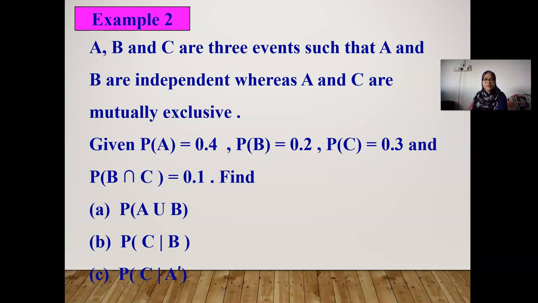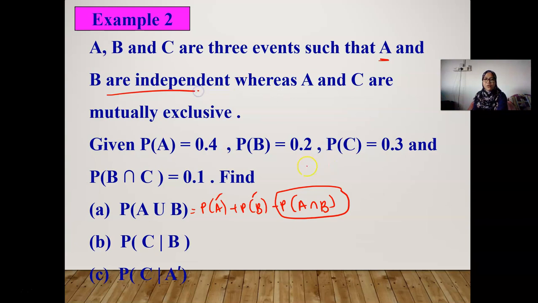Alright, given that PA equals 0.4, PB equals 0.2, PC is 0.3, and PB intersect C is equal to 0.1, find PA union B. PA union B is PA plus PB minus PA intersect B. Okay, this is given, this one you have to find. PA intersect B, this is saying that A and B are independent, so you can have PA multiply with PB.